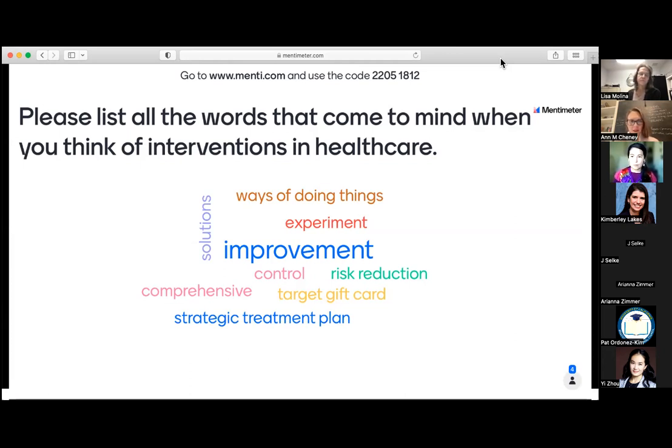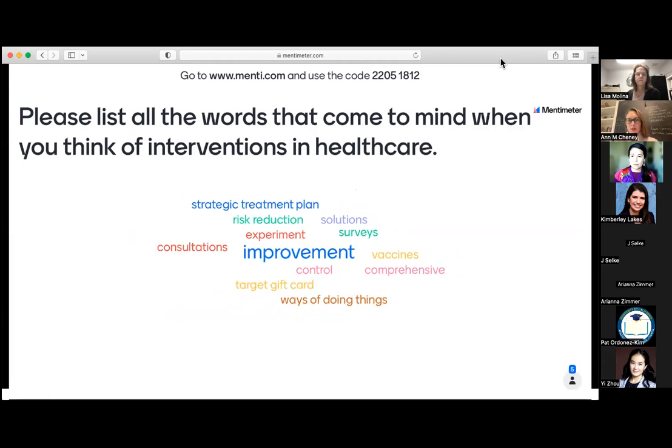So I see definitely that we have ways of doing things, thinking about maybe that falls within the idea of research design, improvement, perhaps thinking about improvements in healthcare and patient outcomes. Comprehensive, perhaps that is related to research design, consultations, vaccines, surveys, strategic treatment plan, risk reduction.